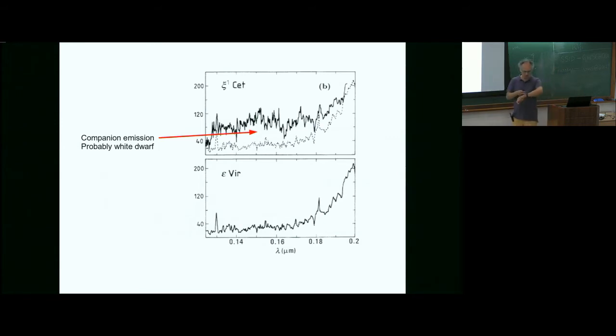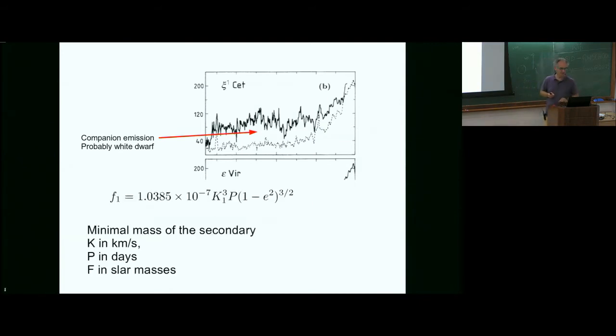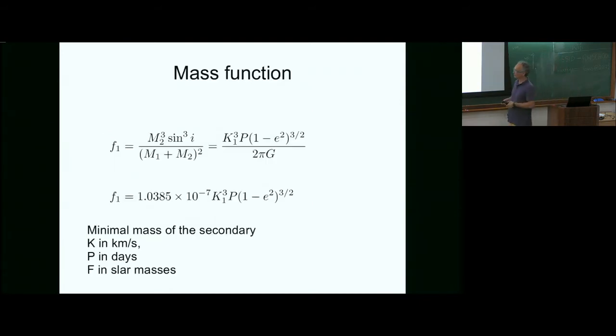Now, what can you do with the information like that? What can you do with the radial velocity amplitude, period, and ellipticity? It appears that after a very simple piece of math, you can derive something like the mass function.